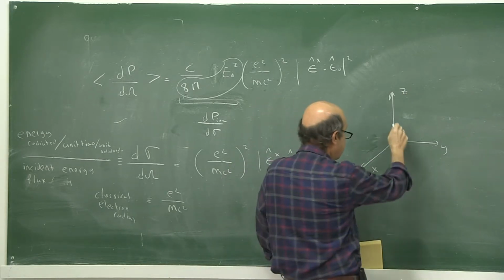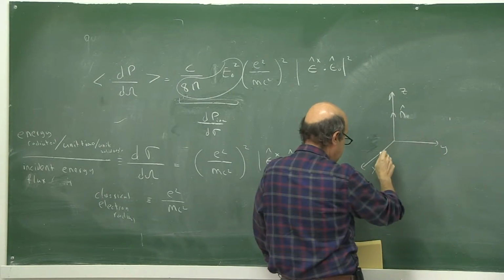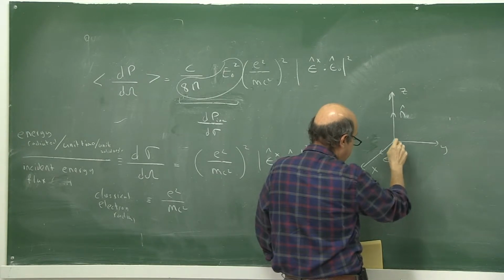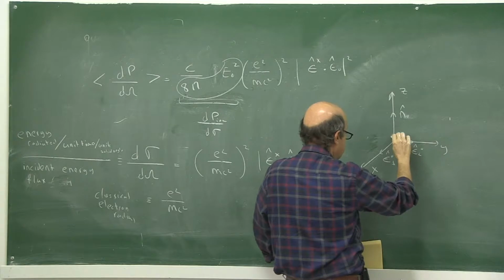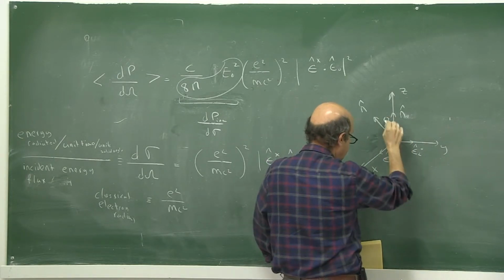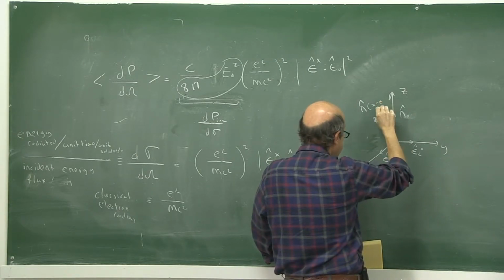We said that if the incident wave is propagating along N0, it has some polarization perpendicular to that, and let's say it's scattered along N, making an angle theta, in the XZ plane.